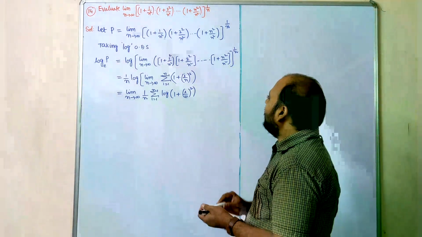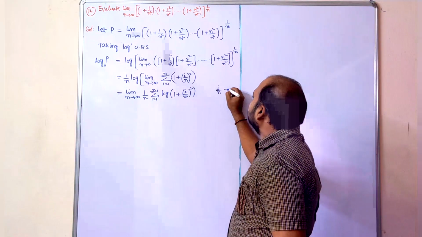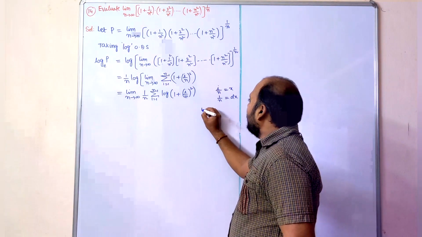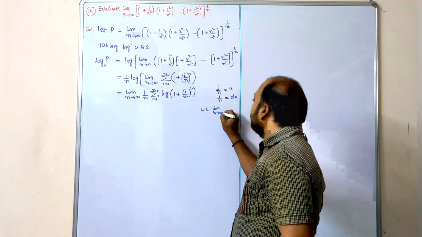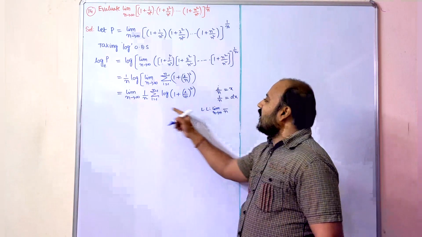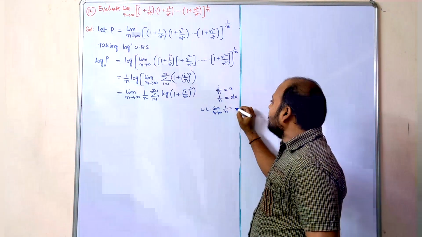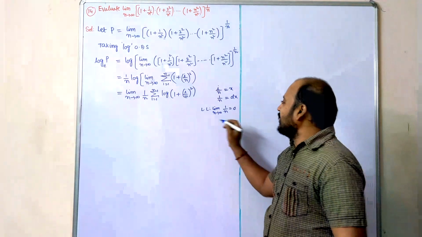After that we know the procedure: wherever i by n is there, what do we have to write? x. 1 by n is there, dx. Finding lower limit and upper limit. Limit n tends to infinity, lower limit is initial value of i, 1. Limit n tends to infinity, 1 by n value goes to 0.